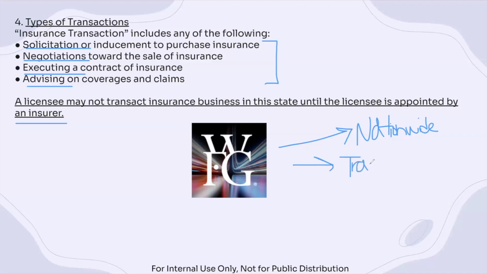These are all insurers that you can set up appointments with eventually, and there are some other ones too. So although we have our license, which we want to obtain, we also have to be appointed by an insurer that we represent.